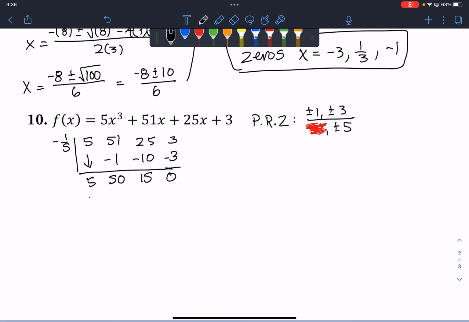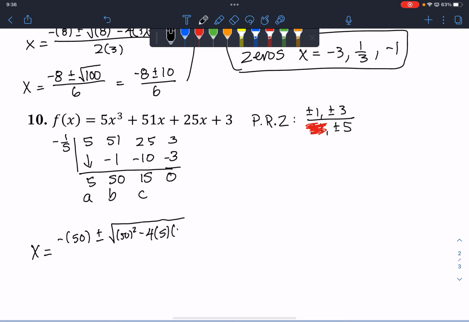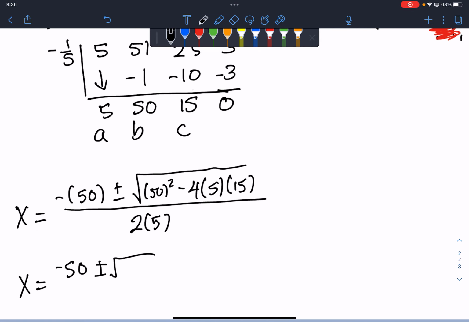And now using our quadratic formula for A being 5, B 50, and C 15, we're going to have negative of positive 50 plus or minus the square root of 50 squared minus 4 times A times C, divided by 2 times A. Let me zoom in.